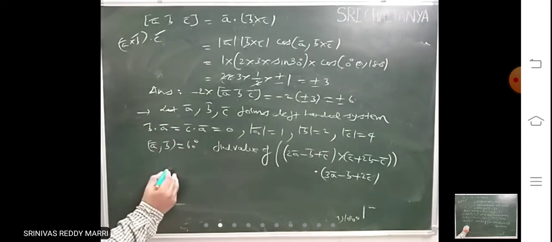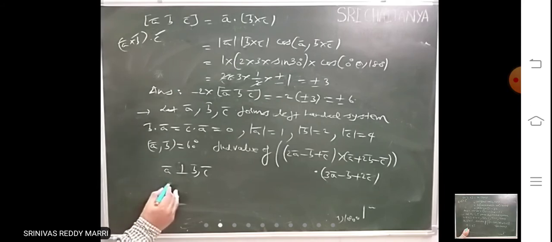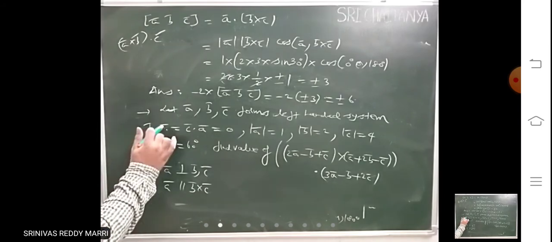So therefore, it is clear that a bar is perpendicular to b bar and c bar. Therefore, a bar is parallel to b bar cross c bar.